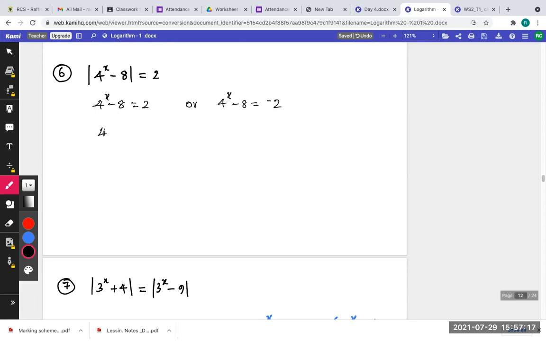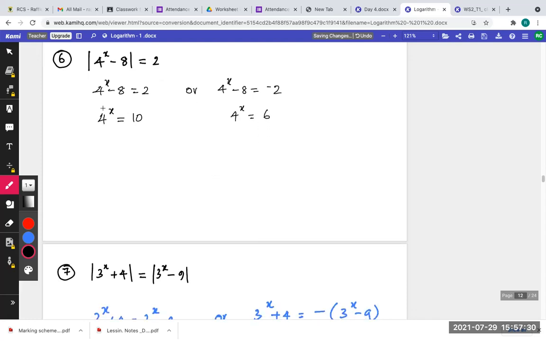Now, how do you simplify? 4 power X equal to 10 here, and 4 power X equal to minus 2 plus 8, which is positive 6, right? So how do we solve? There are 2 simple equations, but both can be solved. Both are exponential equation. Both can be solved by taking ln.